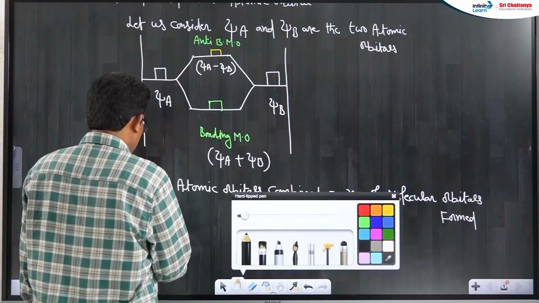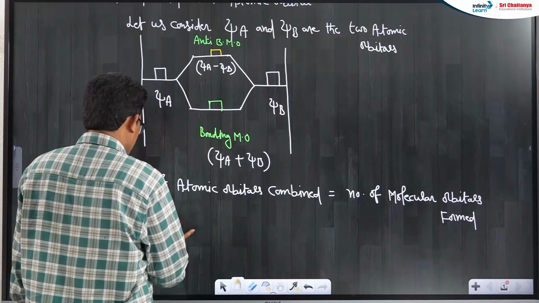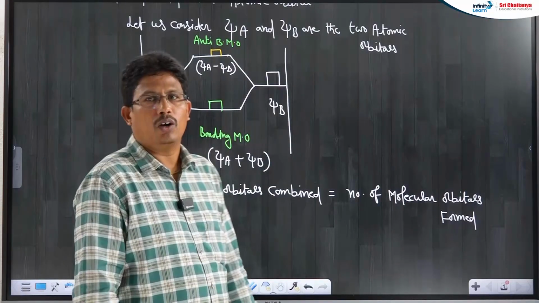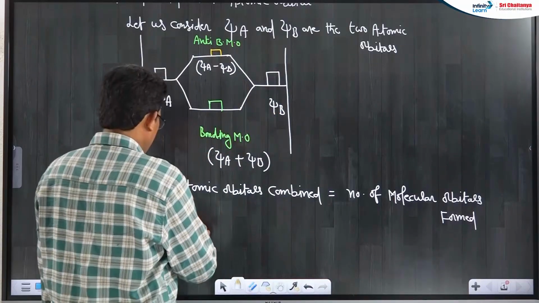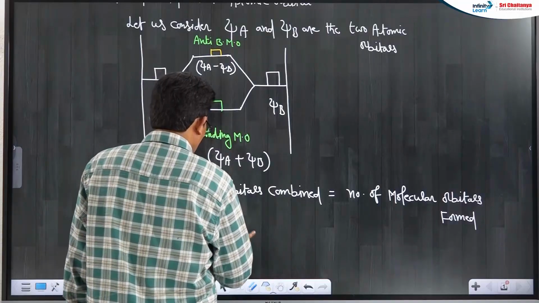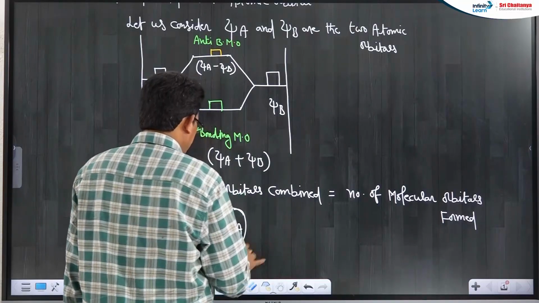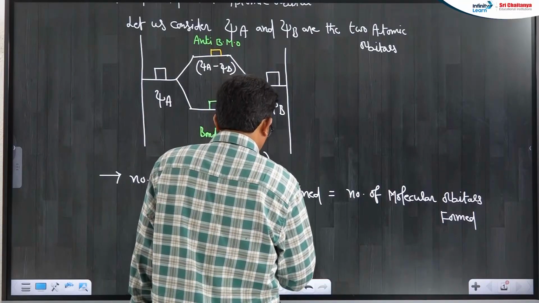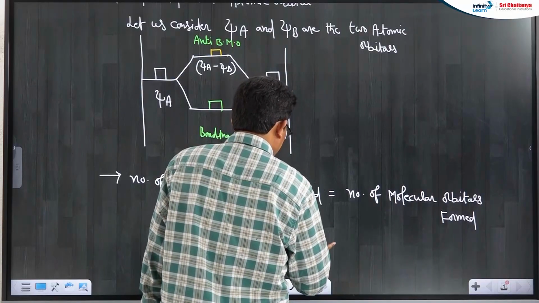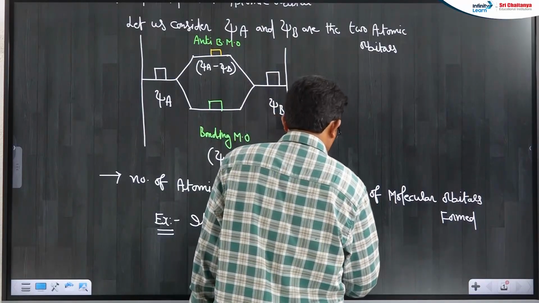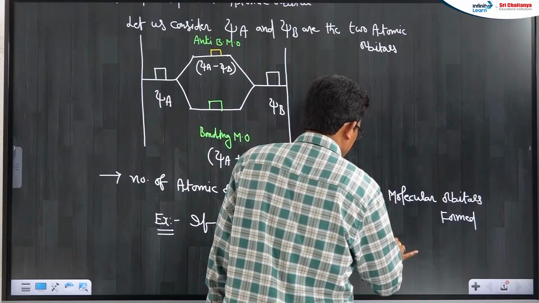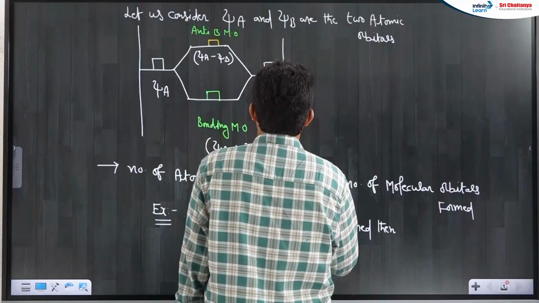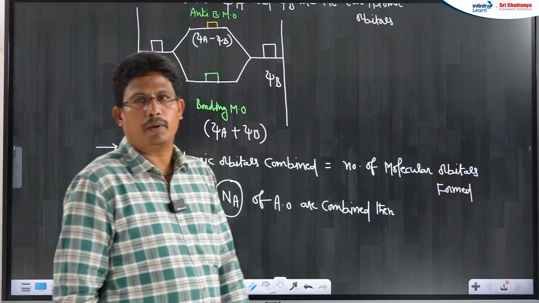For example, if Avogadro number, that means Na, of atomic orbitals are combined, then how many bonding orbitals are formed?